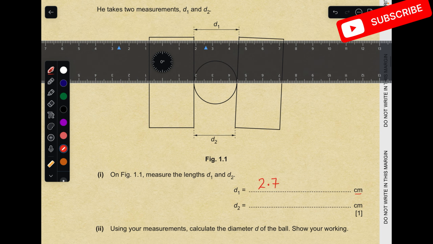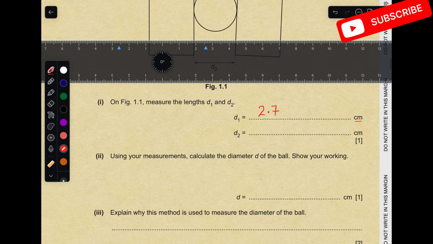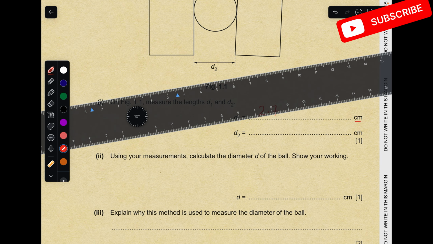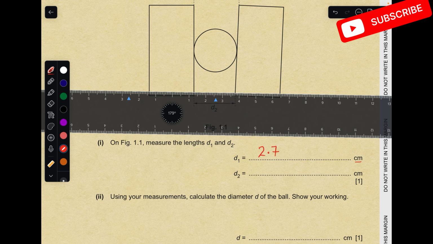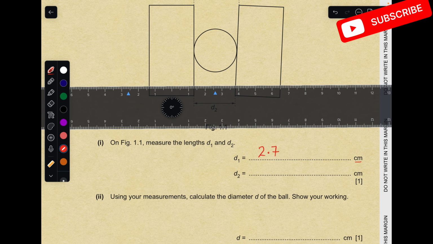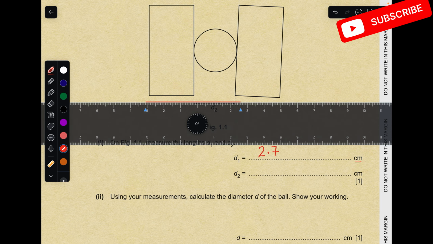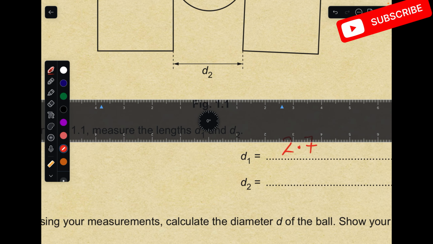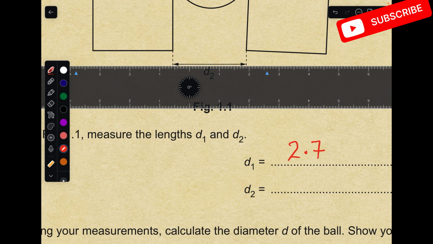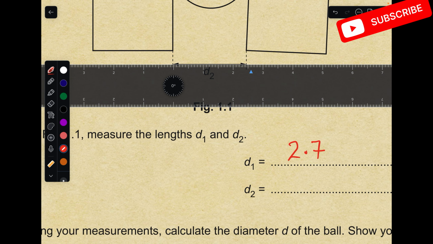Now let's measure d2. You have to place it exactly where they are making the arrows. So 0 is on one side, and I'm taking the reading from the right side of the scale.